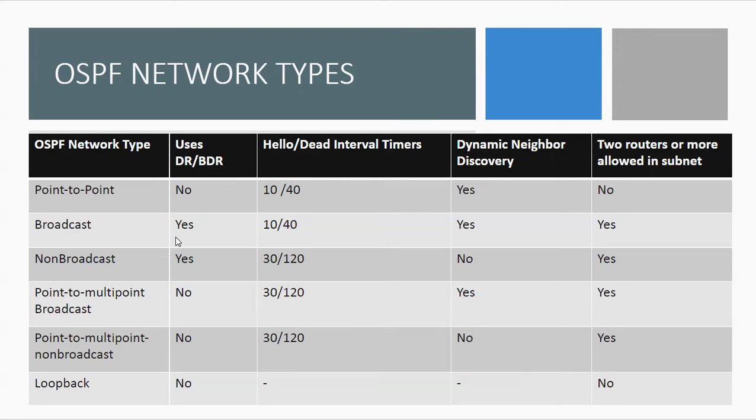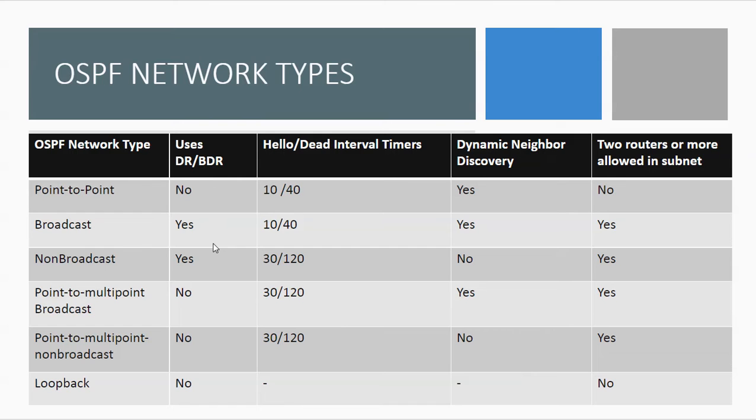In order to limit the number of LSUs that are passing through the network, and to reduce CPU utilization, OSPF starts by electing a designated router. The designated router receives the LSUs and starts sending the LSAs to all other routers.